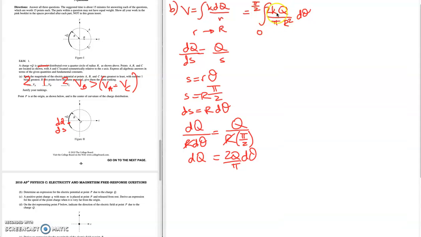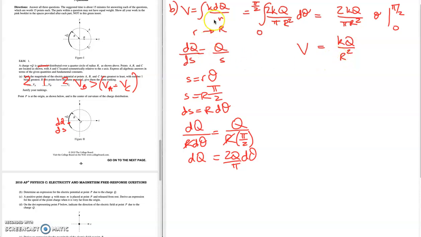So all of these are constants, and when we integrate this, we're going to get 2kQ over pi r squared theta from 0 to pi over 2. Plugging in our limits, subtract 0, disappears, and then we have pi over 2, and hey, look at that, we got 2 over pi. So our voltage is going to be kQ over the radius of the circle.